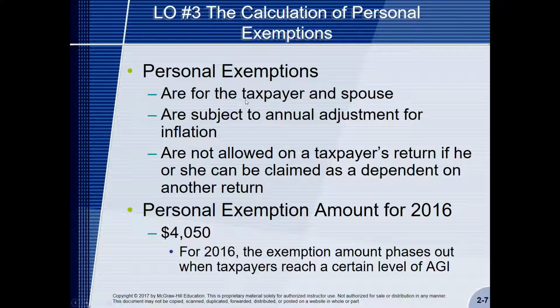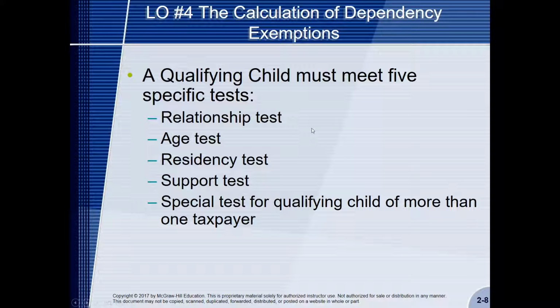Okay, personal exemptions. We looked at this prior. They're available to the taxpayer and the spouse, and the exemption amount is $4,050 for 2016, and each year that gets adjusted. Now, how do you qualify to get an exemption for people other than yourself and your spouse?